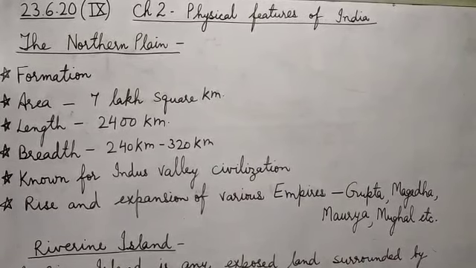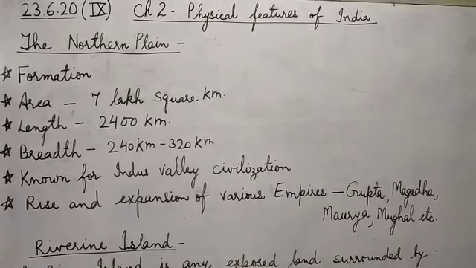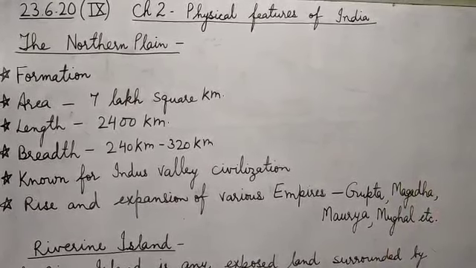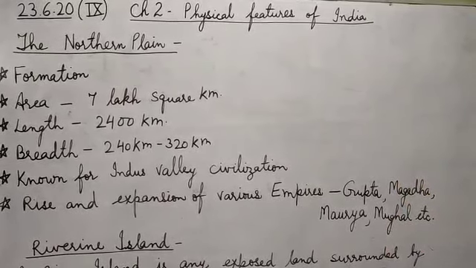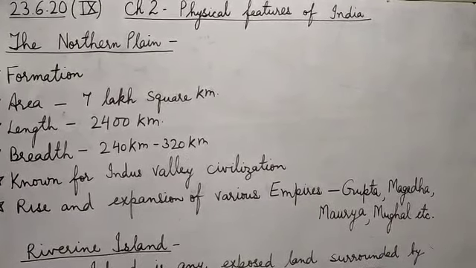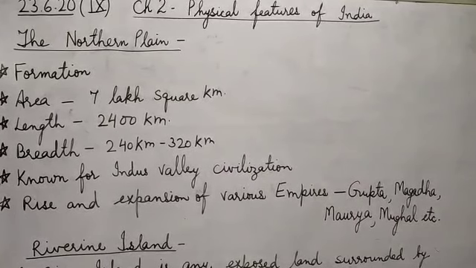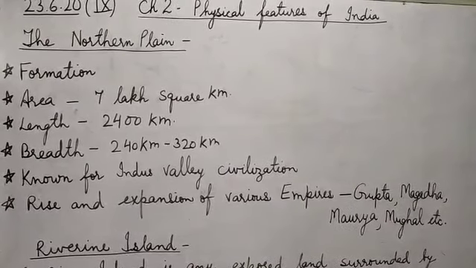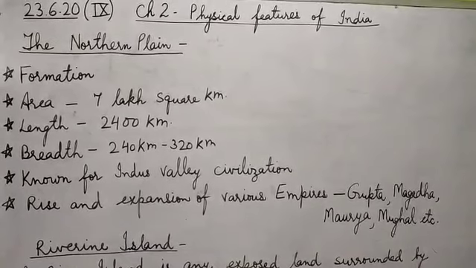Now if we talk about the significance of the northern plain, it is most favorable for human settlement. Fertile soil, many rivers and favorable climatic conditions are present here, and therefore it is most favorable for human settlement. Many multi-purpose dams have been constructed, so there is a provision of water for irrigation and for generation of electricity.